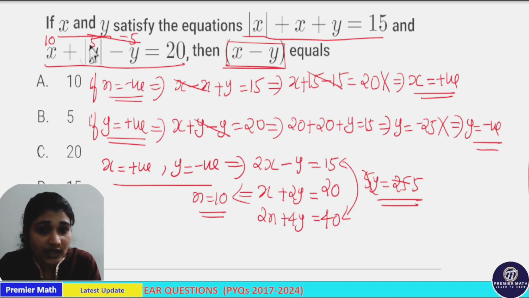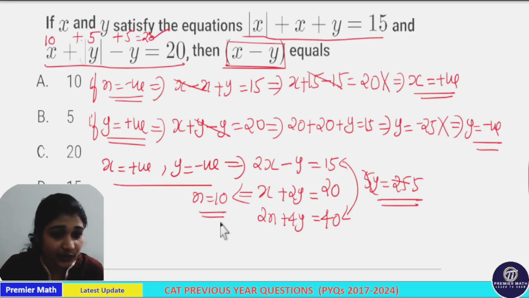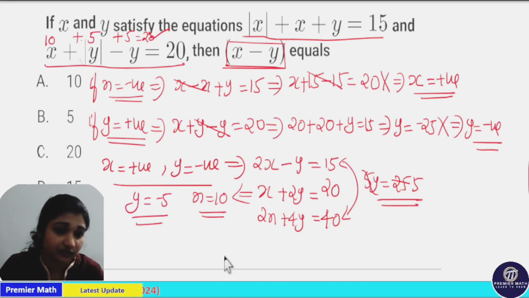So if we give minus y instead of this plus 5, then modulus of negative y is equal to positive y, and here we have minus of minus 5 is equal to plus 5. So 5 plus 5, 10, 10 plus 10, 20, which is right, which means here x is equal to 10 and y is equal to minus 5.